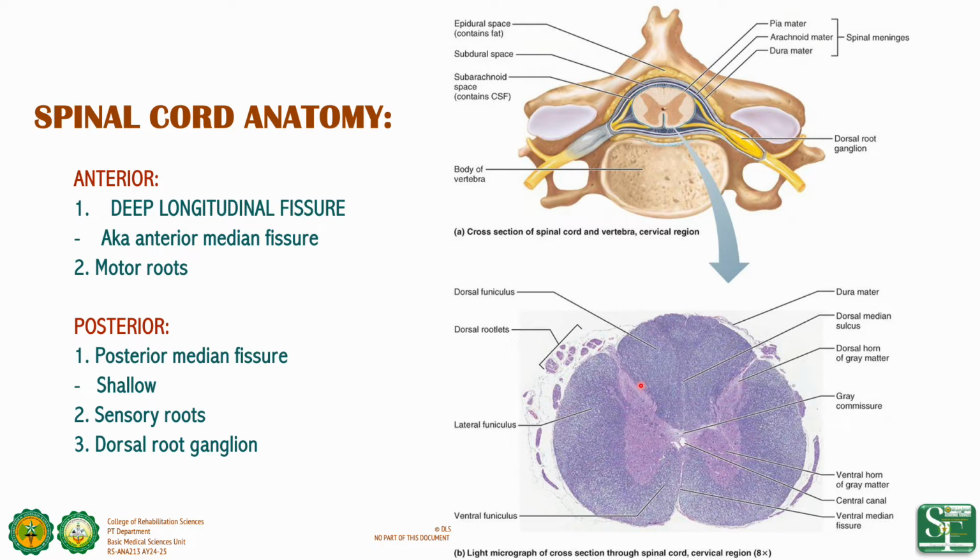Next, and the most important landmark for the posterior division of the spinal cord is the dorsal root ganglion. Some books, they name this as posterior root ganglion. That's the same. When we say dorsal, other name to ng posterior. Anterior, other name niya is ventral.